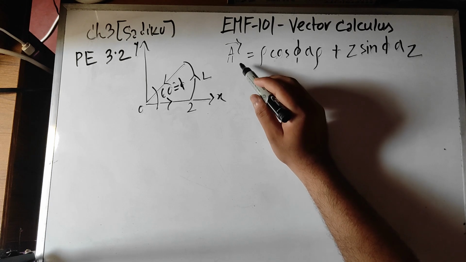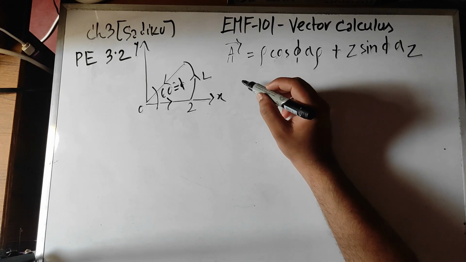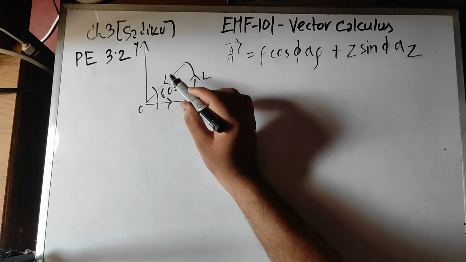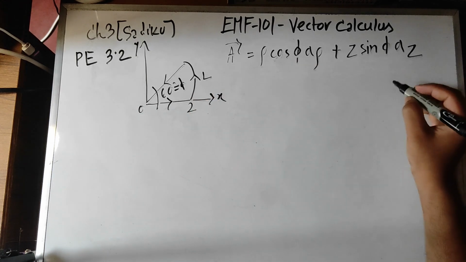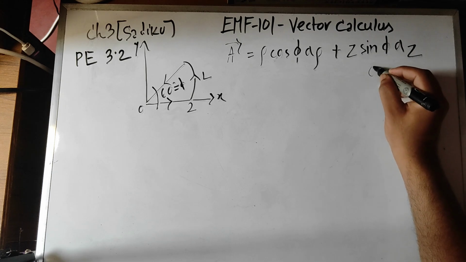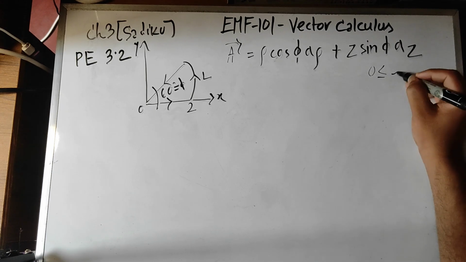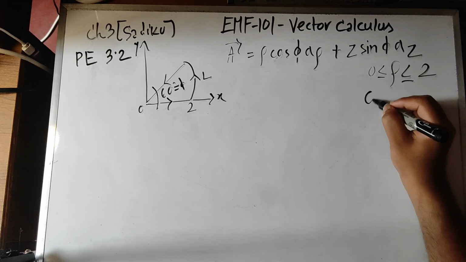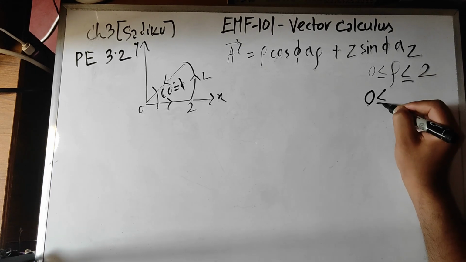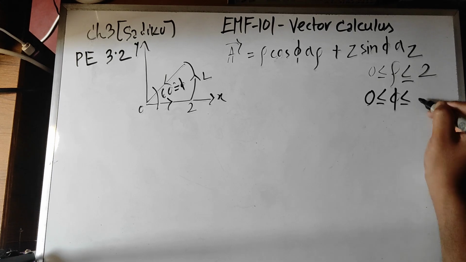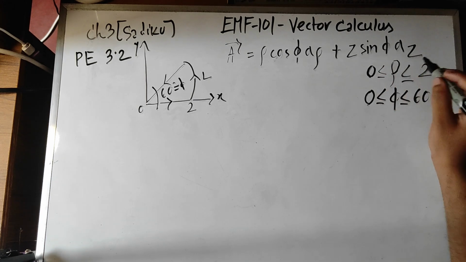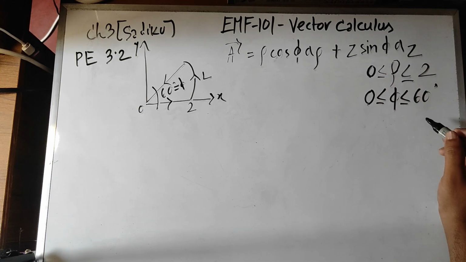For the vector A there is no change in phi, but in this figure there is a change: rho is changing from 0 to 2, and phi is changing from 0 degrees to 60 degrees.